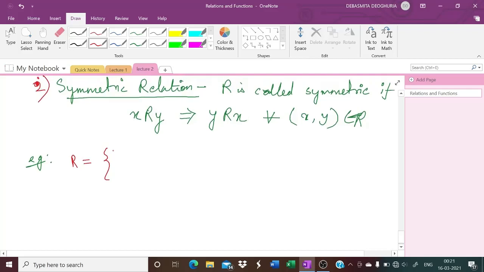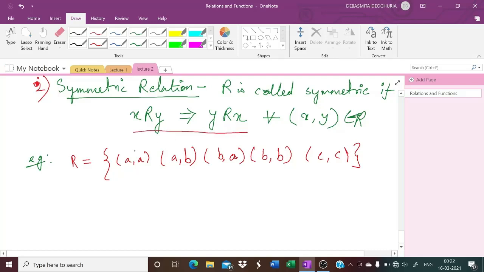Now suppose in the relation I have A comma A, A comma B, B comma A, B comma B, and C comma C. Now let's check. I have A comma A, so both x and y are A, so this condition is satisfied for this element. Similarly for B comma B and C comma C it is satisfied.